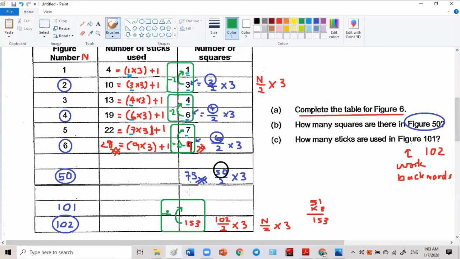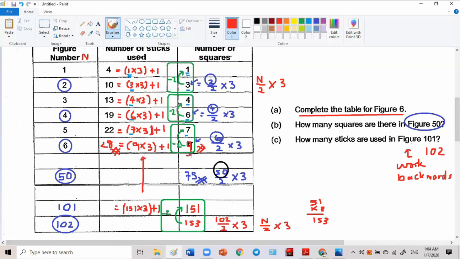Okay, so 153, go back by 2. This guy will be 151. Okay, so how does it help us? Once we establish the number of squares, take our number of squares, which is 151, times 3 plus 1. Okay, look at the general trend above.